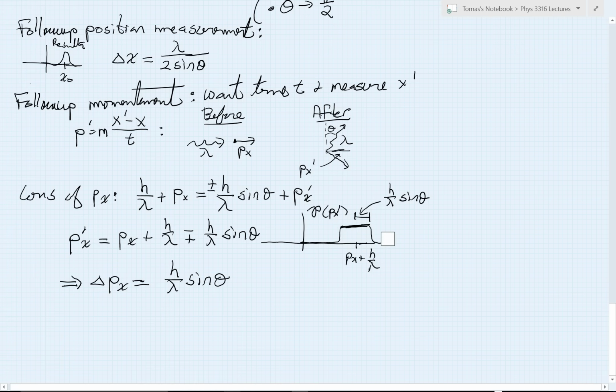I haven't actually done the variance calculation to get the standard deviation. I'm just eyeballing or estimating things here, but this seems to be the width of my distribution. Okay, so our follow-up position measurements will give us a range of values. Our follow-up momentum measurements are giving me also a range of values.